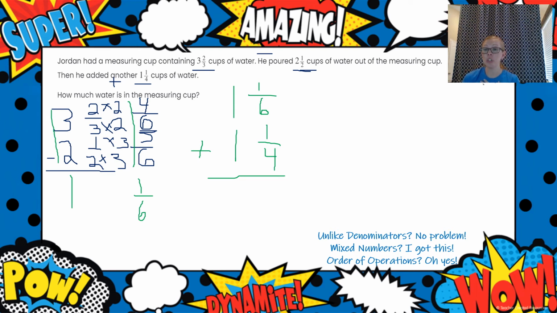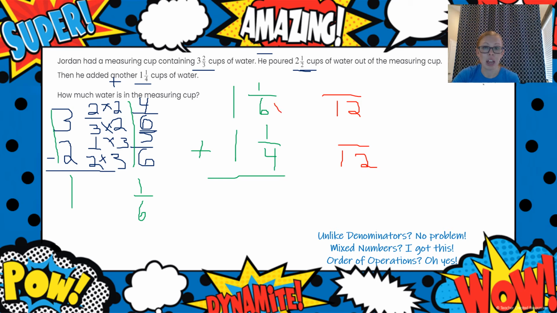Now I'm going to choose the smaller of those. If you choose the least common multiple, then you'll have less simplifying to do at the end. So if I use 12 as my new common denominator, I have to think, what do I have to multiply each of these denominators by to get my new denominators?